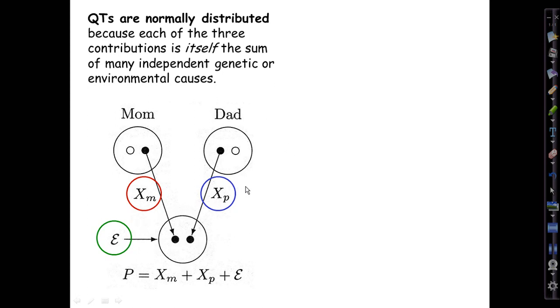And so the central limit theorem of statistics tells us that the sum of random variables will more and more closely approximate a normal distribution if they are independent of each other. And that's true regardless of how those independent contributions themselves are distributed. They could be binary or uniformly distributed or whatever. We don't care. If there are enough of them contributing, the sum will approximate better and better to a normal distribution like this.